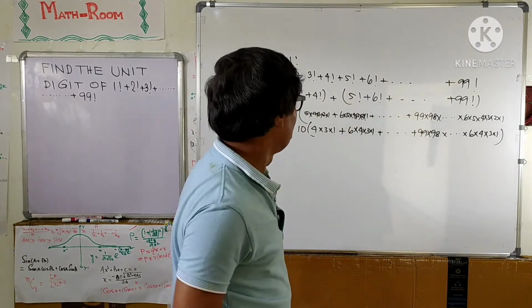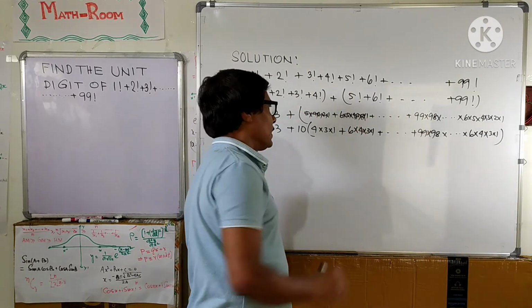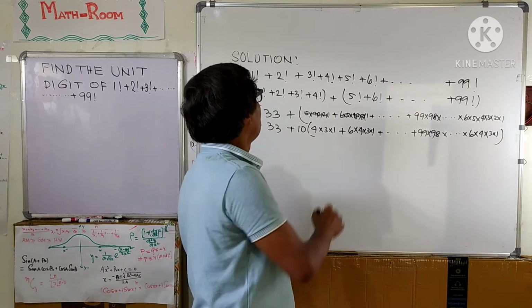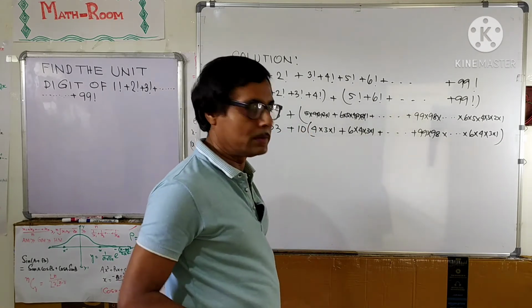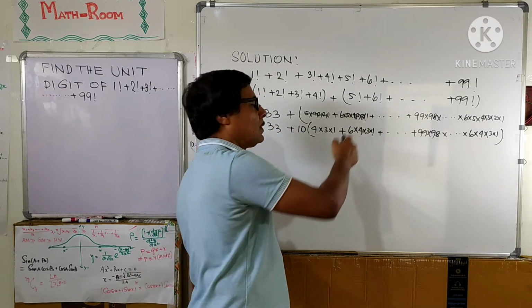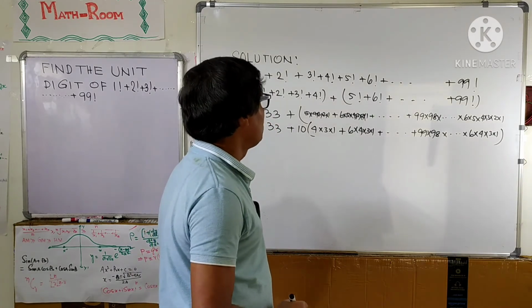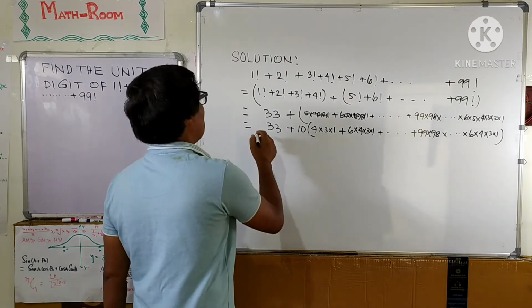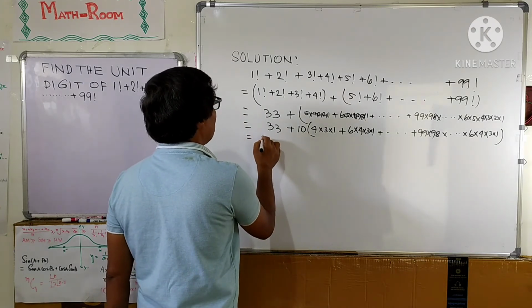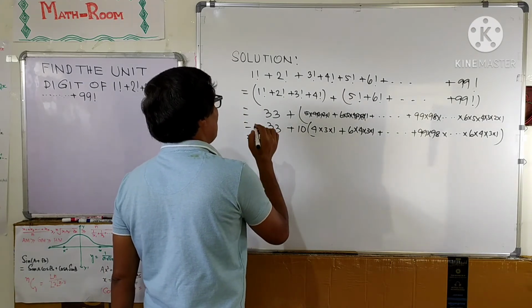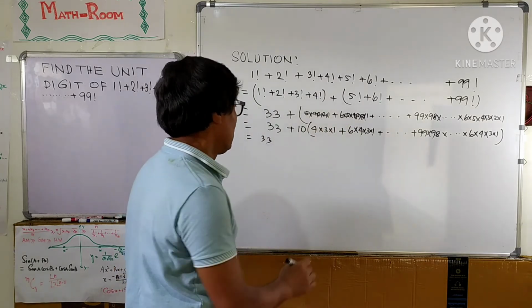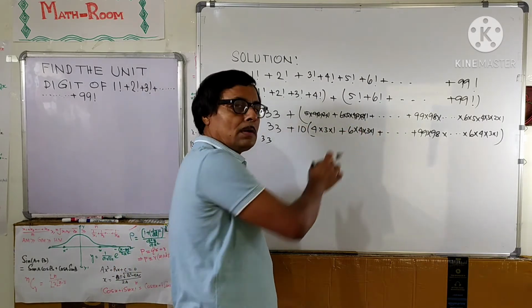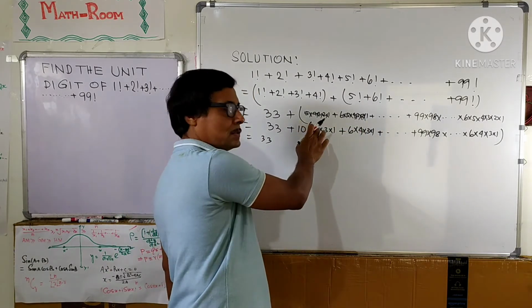In the second sum, each term has the factor 10, that is, 10 is the common factor of these terms in the second part of the series. So the sum is 33 plus 10 into this, and 10 into this is also an integer whose unit digit is 0.